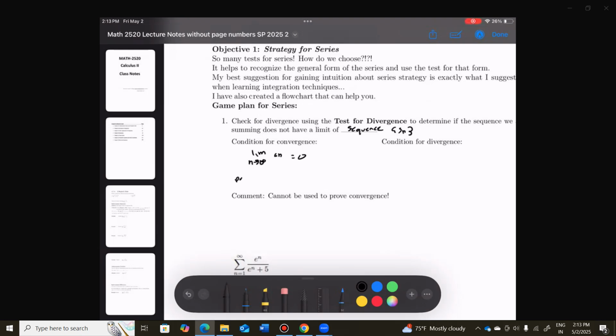This is only possible convergence, it doesn't mean it will converge. If the limit as n goes to infinity of a sub n does not equal 0, the series is divergent. So doing this test, you can determine if a series is divergent, so you don't even have to worry about looking for convergence. But it cannot prove convergence either.